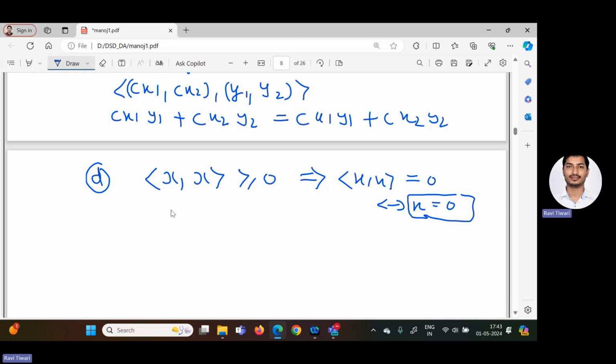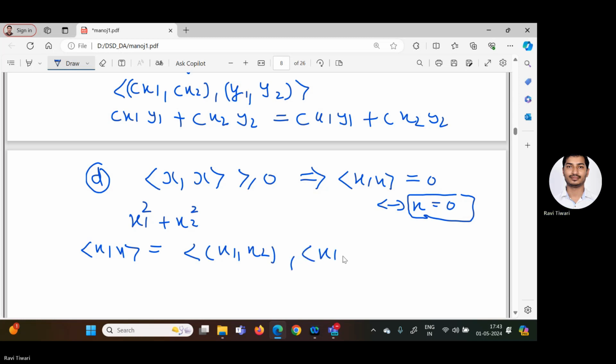What will be the inner product of x and x? Since x is x1, x2, multiplying we get x1 squared plus x2 squared. X1 multiplied with x1 is x1 squared, x2 multiplied with x2 is x2 squared. So obviously, as both are positive, it's always greater than or equal to 0.